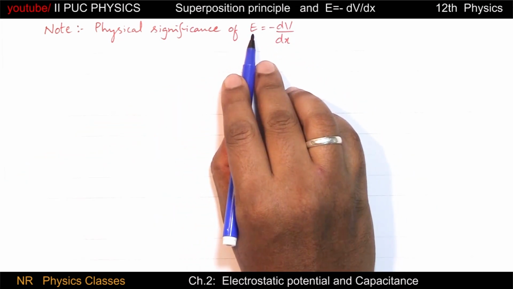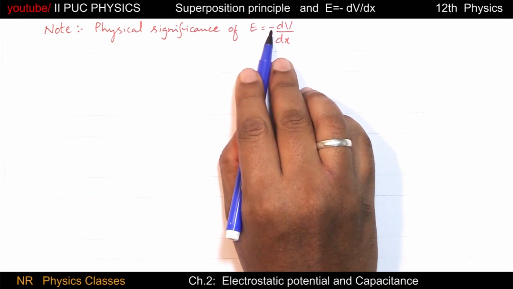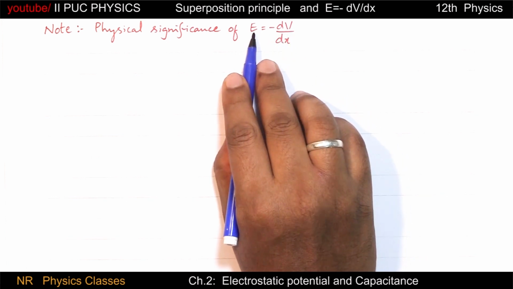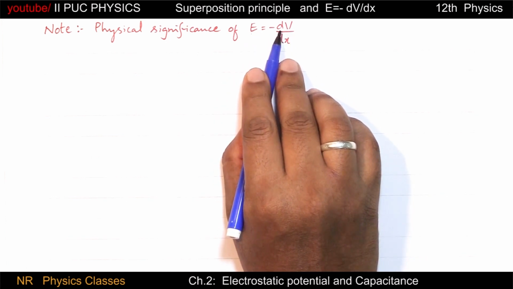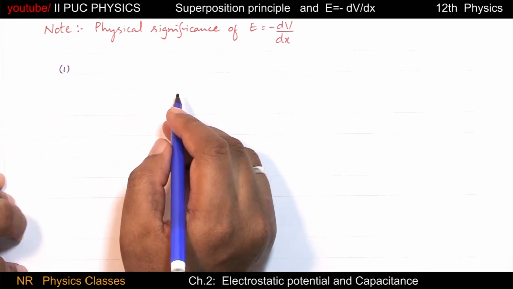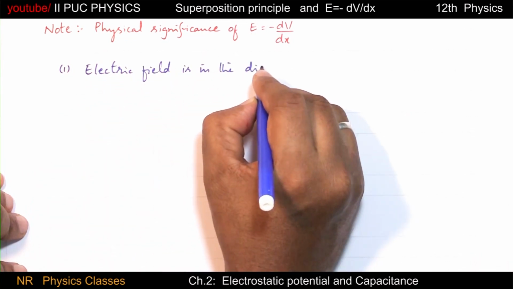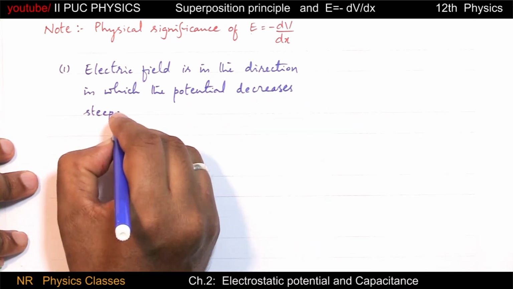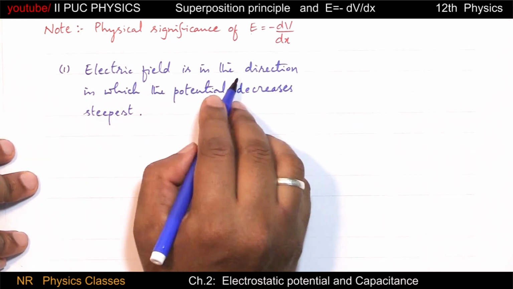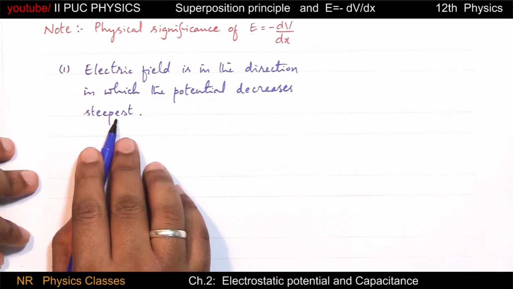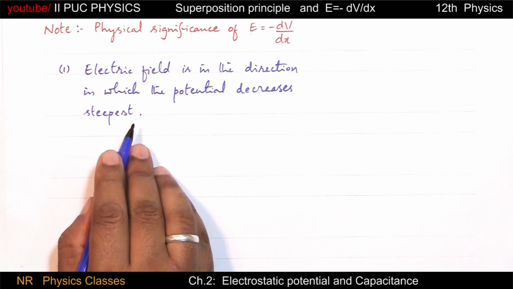The direction of electric field is along the direction of the steepest change in electric potential, and the magnitude of electric field is proportional to dV by dx. These two are the physical significance. Electric field is in the direction in which the potential decreases steepest, maximum slope.